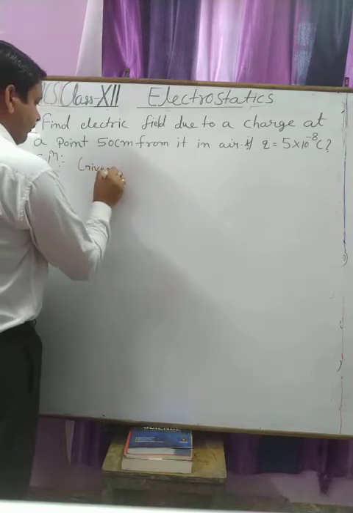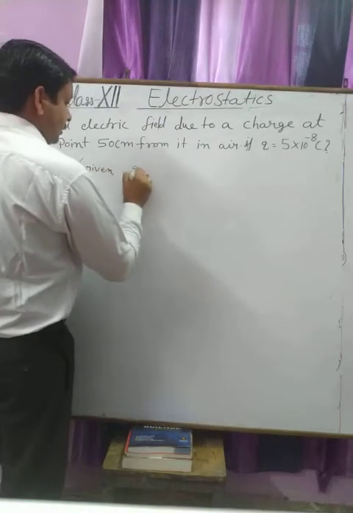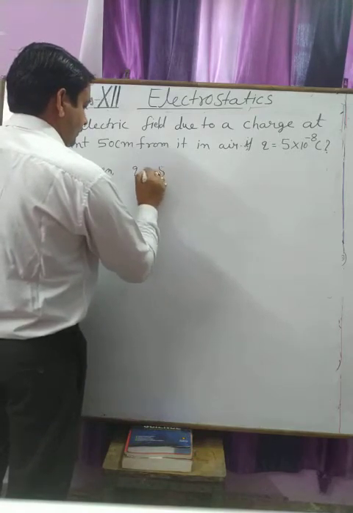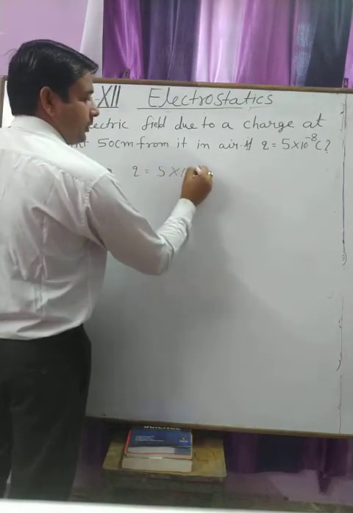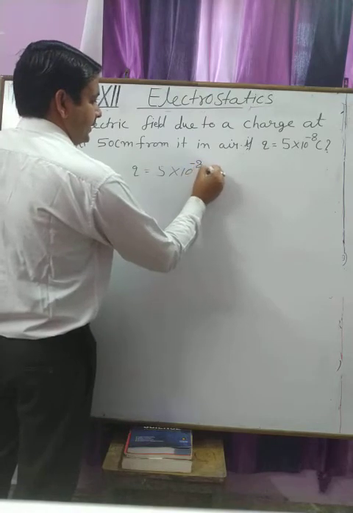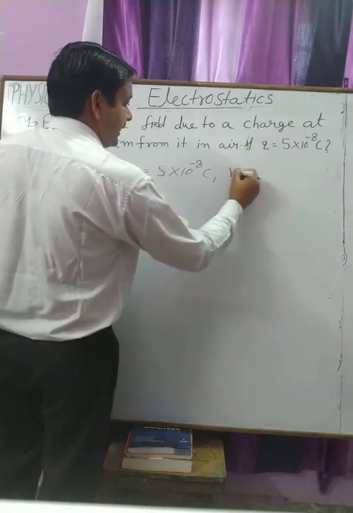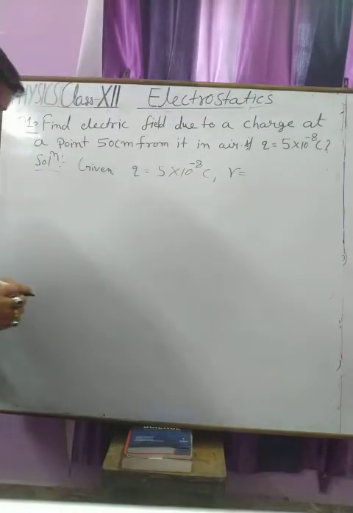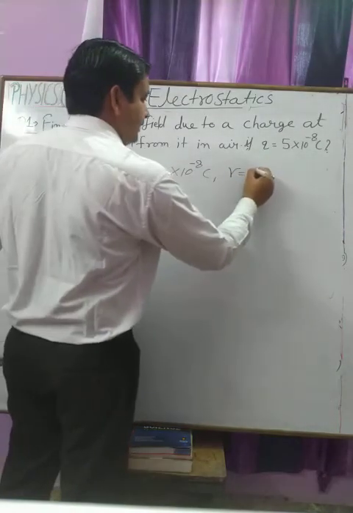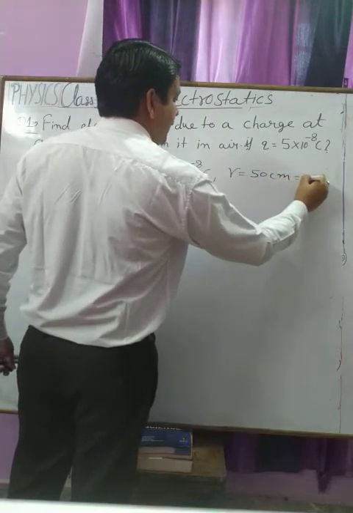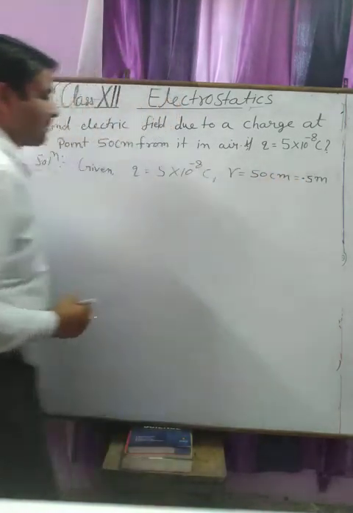Given is q is equal to 5 into 10 to the power minus 8 coulomb, and the distance at which we need to calculate the electric field is 50 centimeter. We are using this as 0.5 meter only.